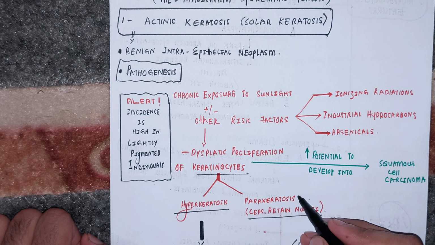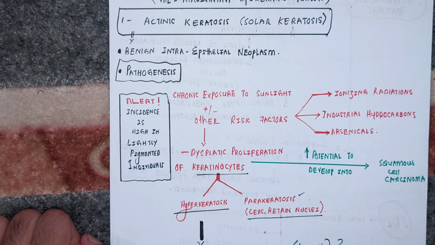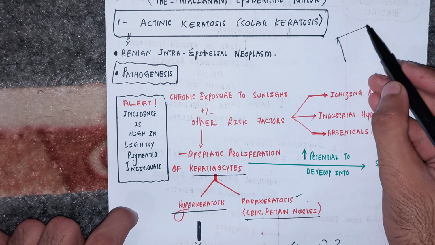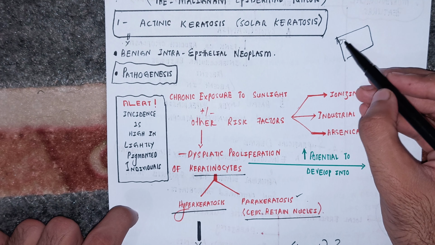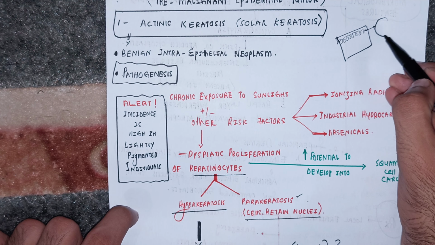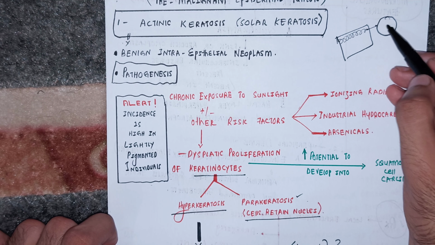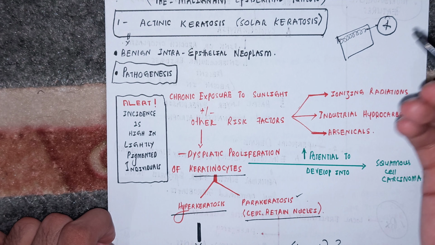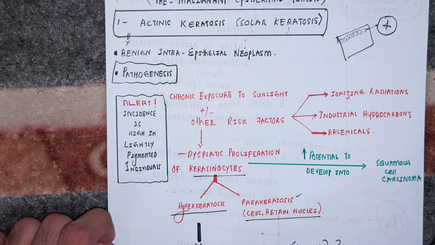What is parakeratosis? These are abnormal cells of the epidermis, especially in the stratum corneum. Normally, let me quickly explain it here, this is your epidermis, and in the epidermis the cells, especially in the top layer, if I take the cell out, they do not have a nucleus.